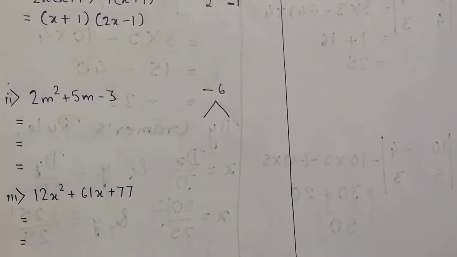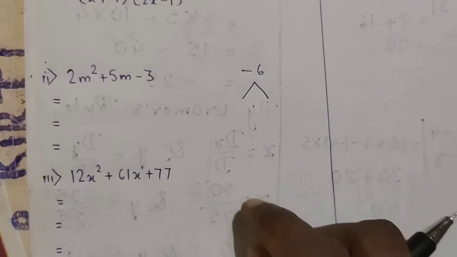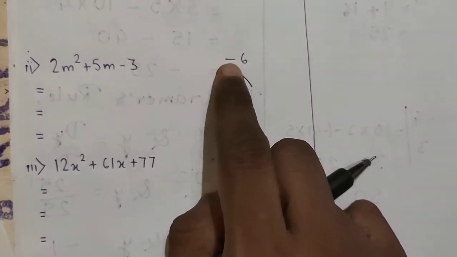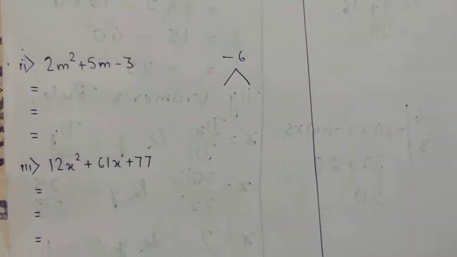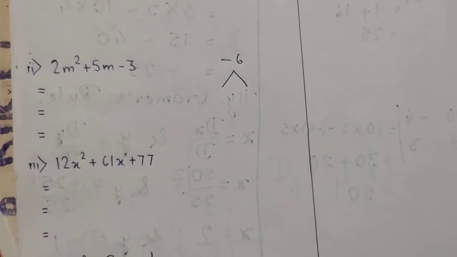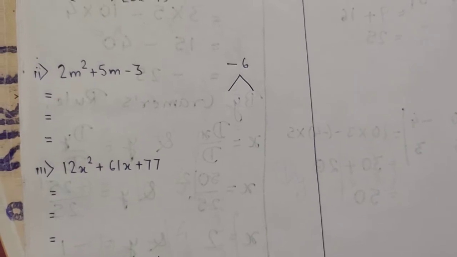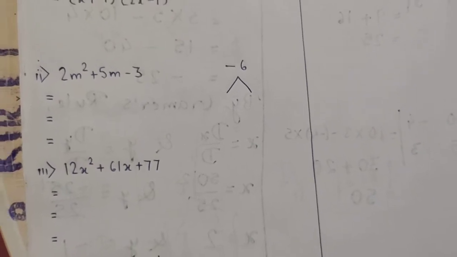Now you need to make two parts of 6 such that their subtraction must give you 5. Now see, 6 can be 2 threes, which is possible, but if you subtract you are going to get 1.